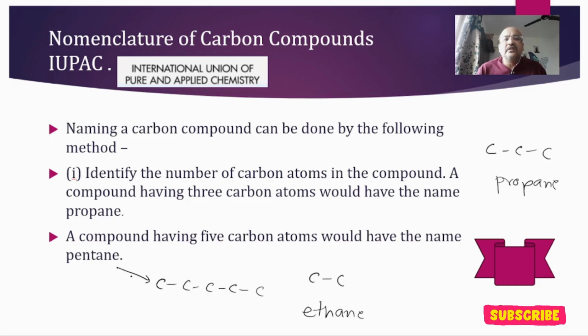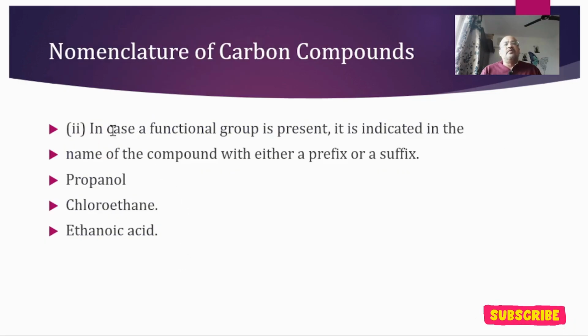Here you see it's a pentane. Likewise, you have ethane, propane, then butane, then pentane. So what we need to do is identify the number of carbon atoms in a given compound. Now let's see the next step.